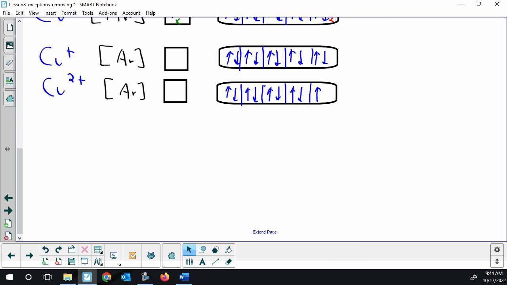I'll do the electronic configuration of the very bottom one. So it's that argon core. The 4s is empty, so you could go 4s0 or just not write it. So either way, I'm fine with 3d, and we just do the count, and there's 9 of them.